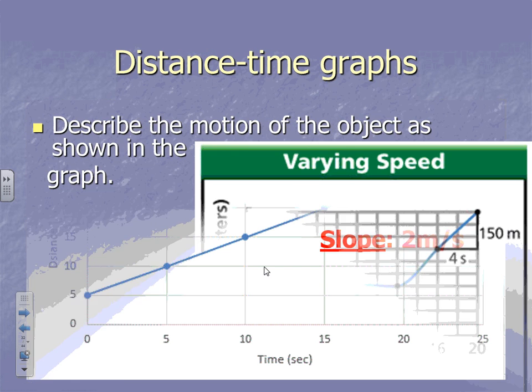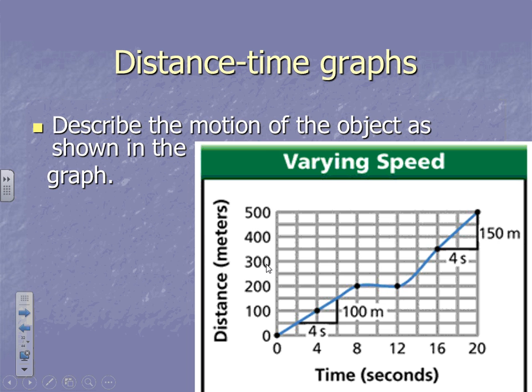My apologies. All right, now distance versus time graphs are used to describe the motion of objects as shown in the graph. So here's another graph. You can see that we have an increase, then a level off, and another increase all the way up here. Now a couple of things that we need to look at in this picture, and some things that you probably need to mark out.